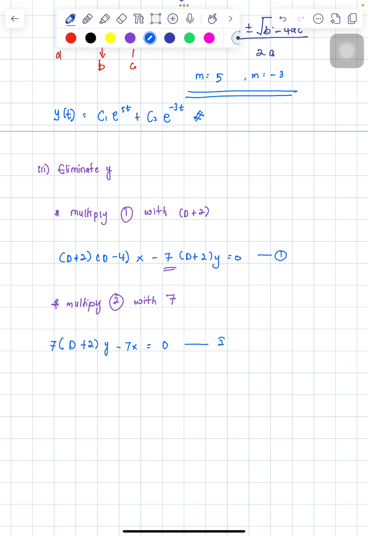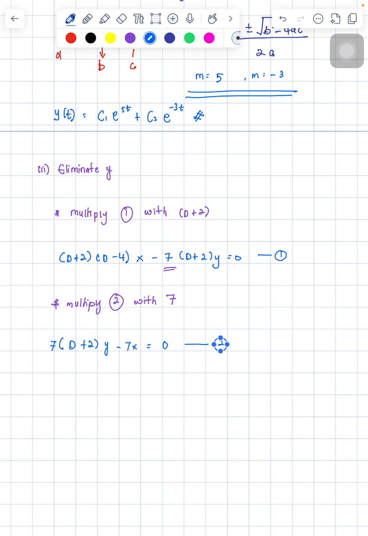So this is our new equation number 2. Okay, to eliminate y, so we have to add equation 1 with equation 2. So we have to add equation 1 and 2 to eliminate the term with y.